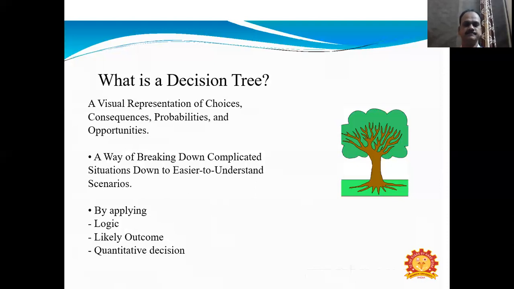It is a visual representation of choices, consequences, probabilities, and opportunities, a way of breaking down complicated situations into easier to understand scenarios. You can see the tree structure at the right side.